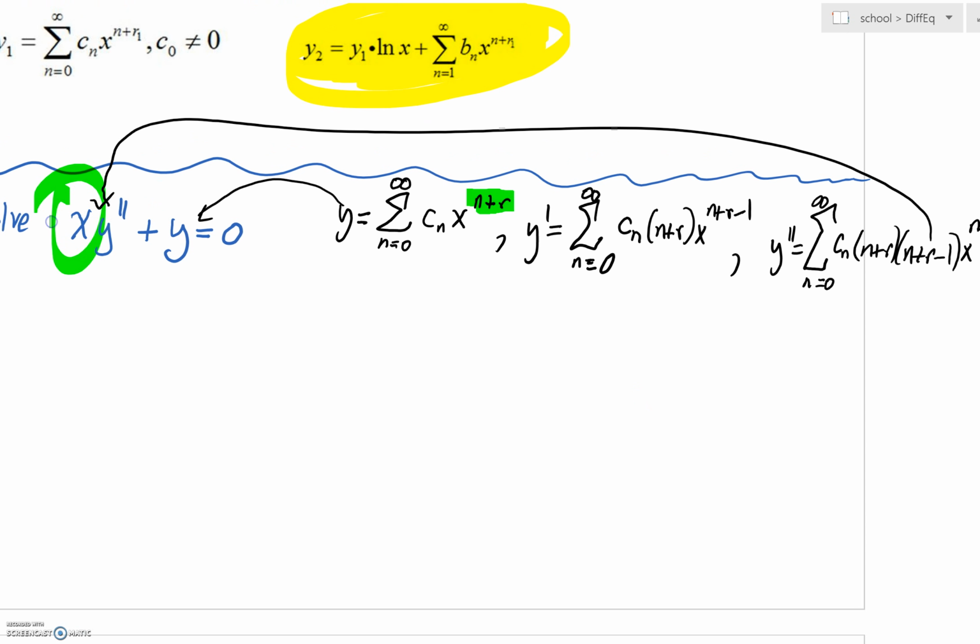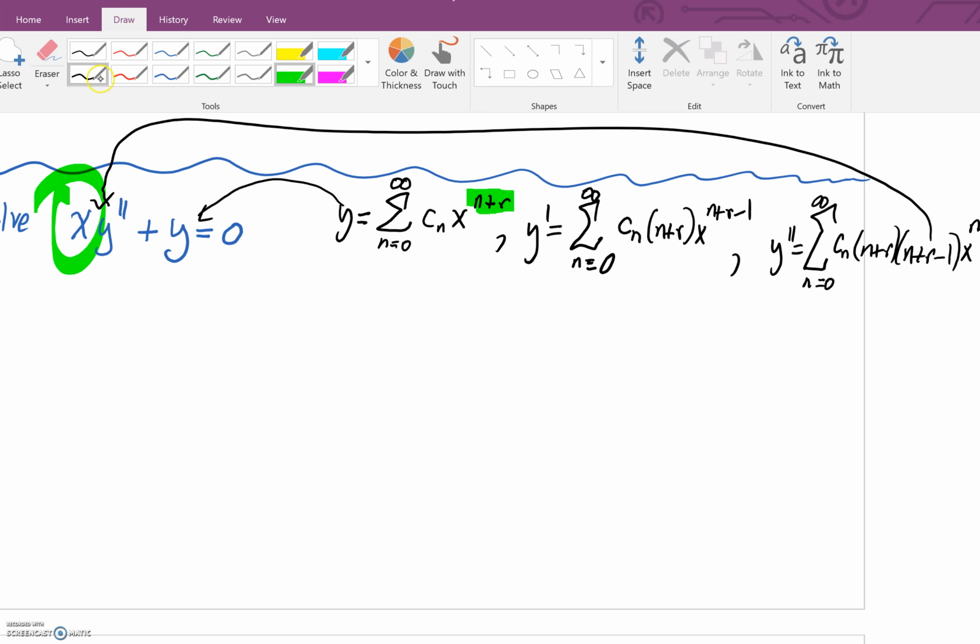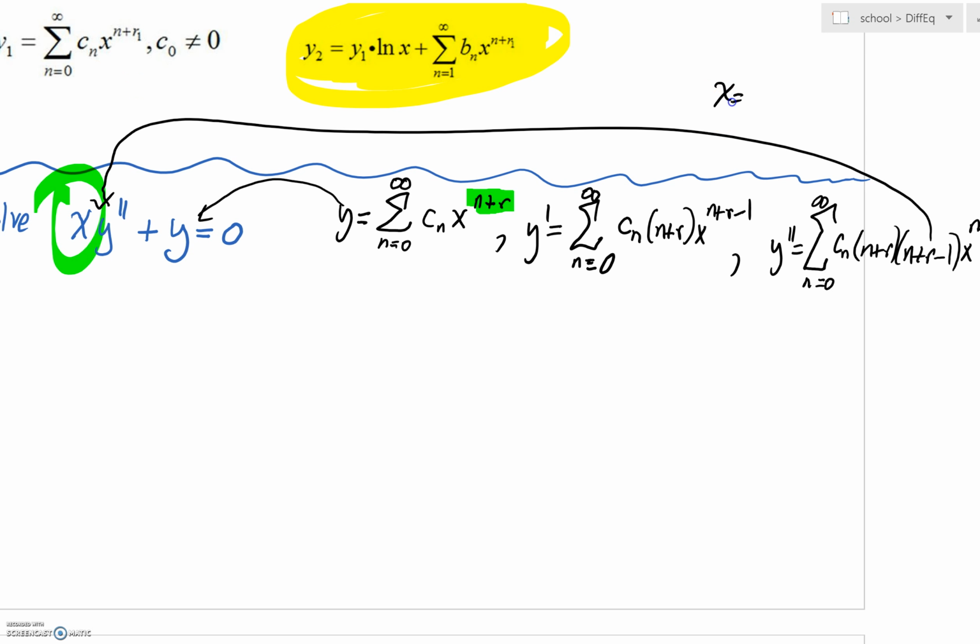You can see right here, if x is equal to 0, we're in trouble, aren't we? So we could see that x equals 0 is a regular singular point. How do we know it's regular?